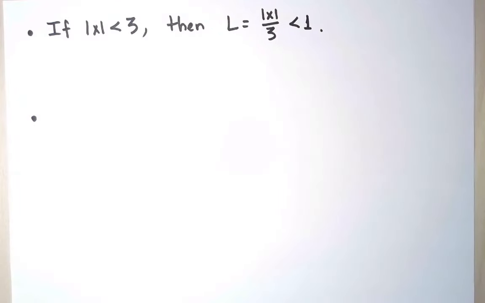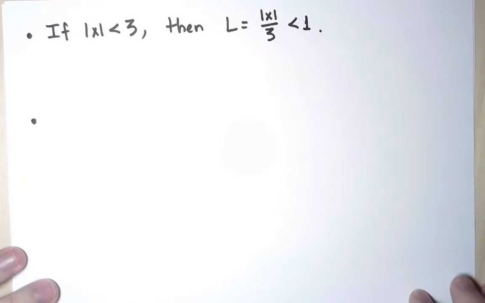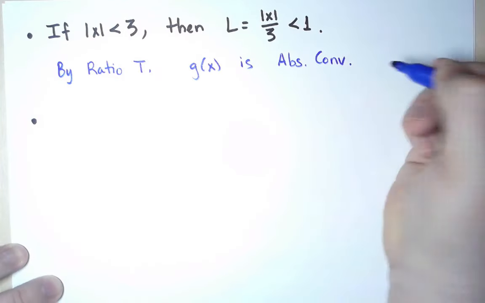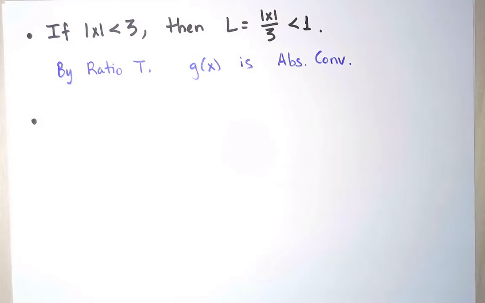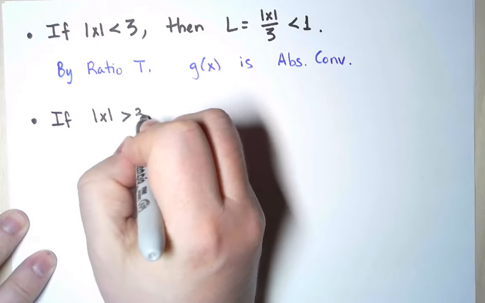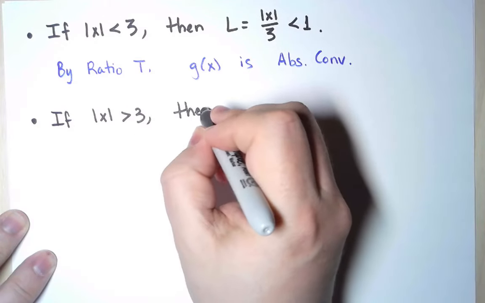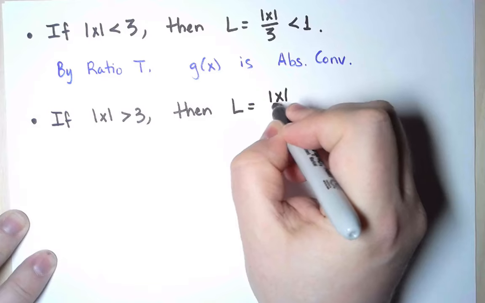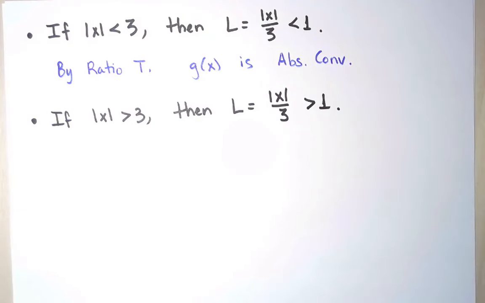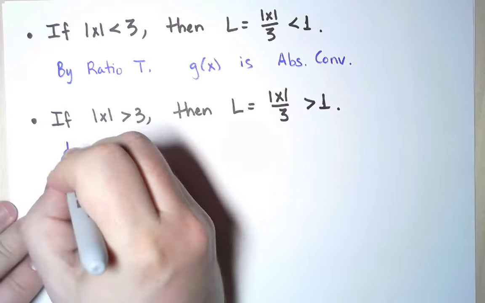In that situation, the ratio test tells me that the series is absolutely convergent. The bad case is when the absolute value of x is greater than 3. In that case, the limit we just computed is greater than 1. And in this case, the ratio test also gives us an answer. The series is divergent.